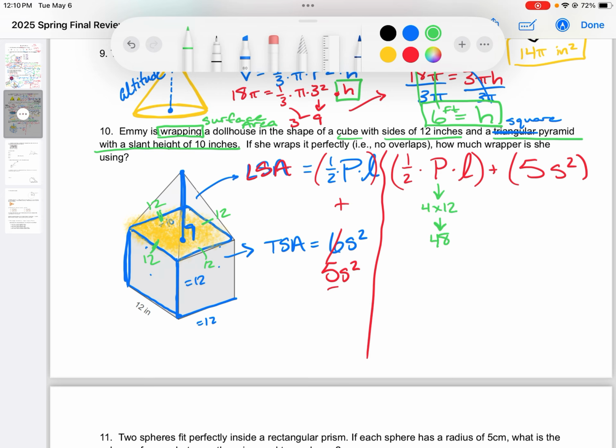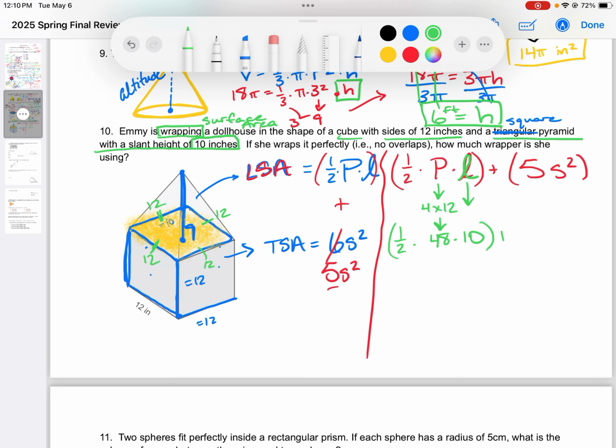So your perimeter is going to be 4 times 12, which is 48. Our L, this cursive L, is our slant length, which they tell us in the problem is 10 inches.